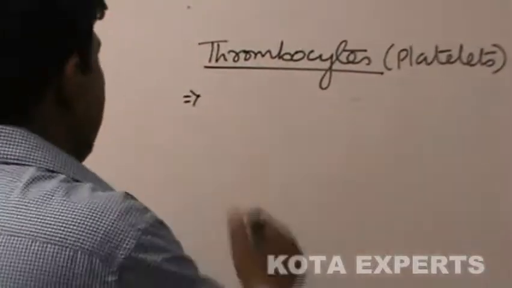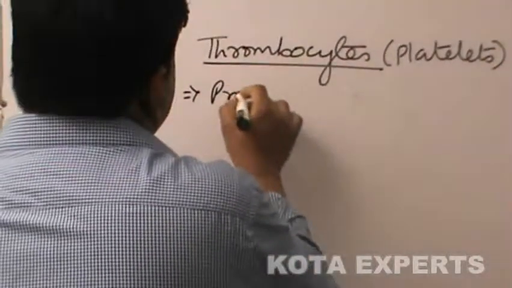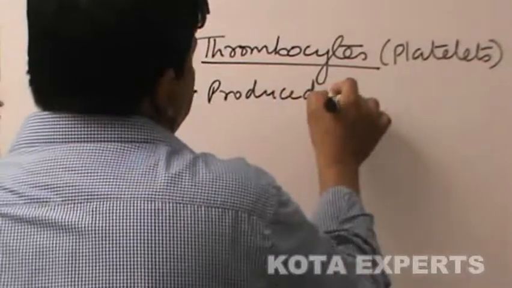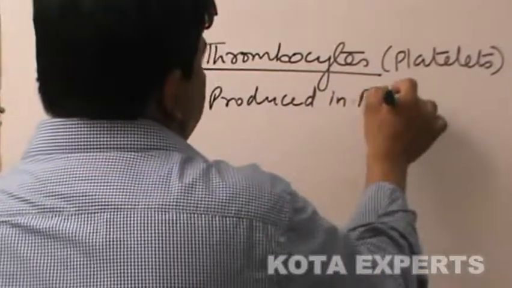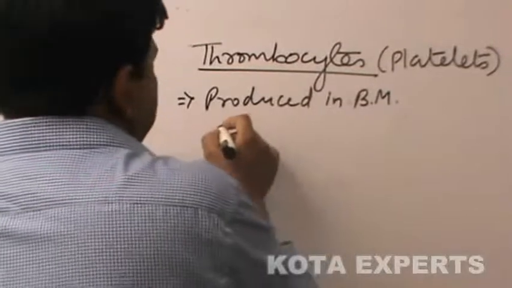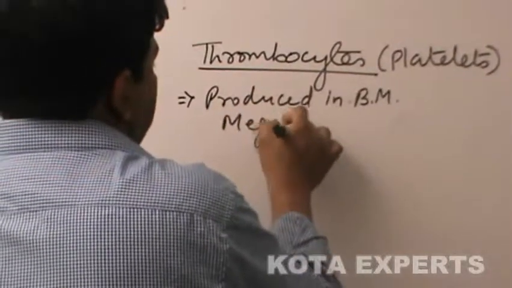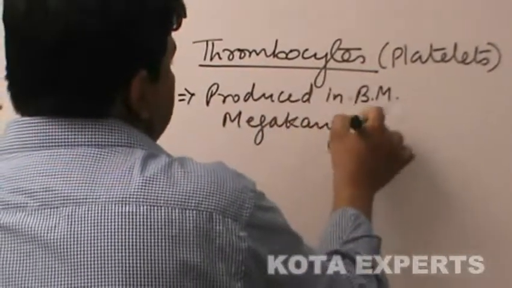These are also produced in bone marrow, from specialized cells known as megakaryocytes.